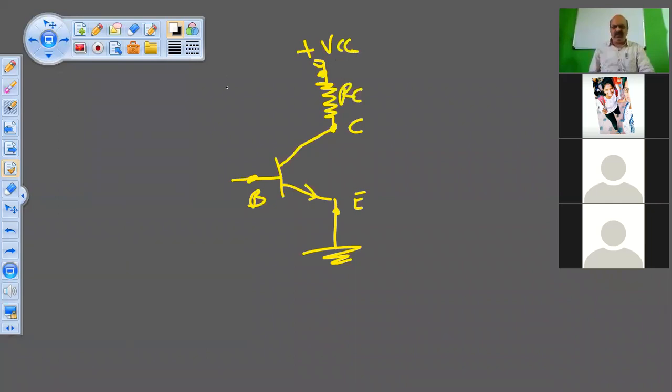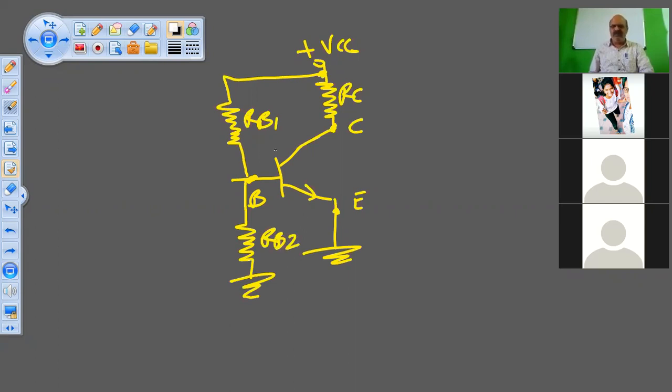Okay. We connect one more resistance to the base side. This is RB. Correct. Now I want to use this transistor as an amplifier. Okay, if I am using voltage divider, what I will do, I will use two resistances. One is RB1 and second is RB2. You can use this configuration also.